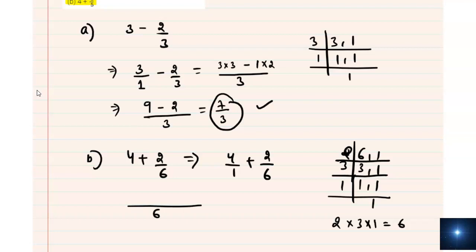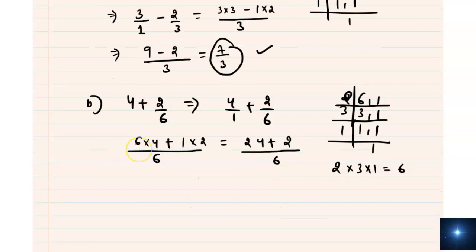Then when 6 is divided by 1, we get 6. So 6 into 4, plus when 6 is divided by 6, we get 1, so 1 into 2. What did we get? 6 into 4 is 24, plus 2 into 1 is 2, over 6.